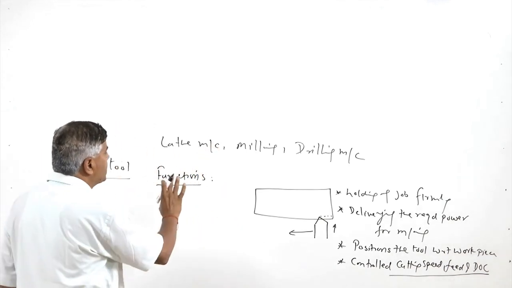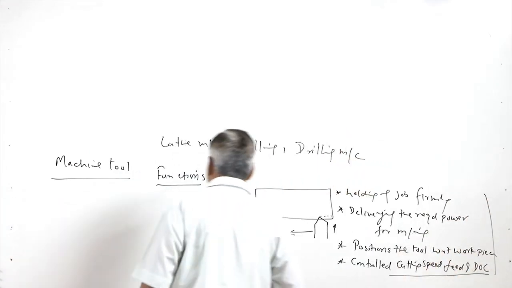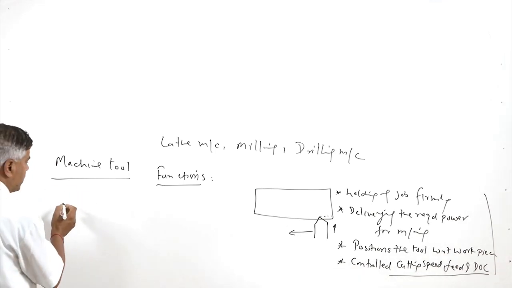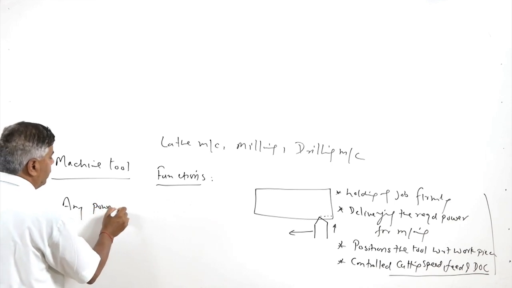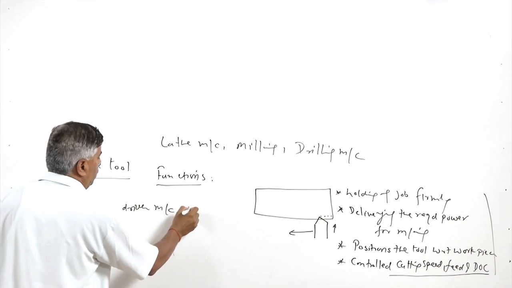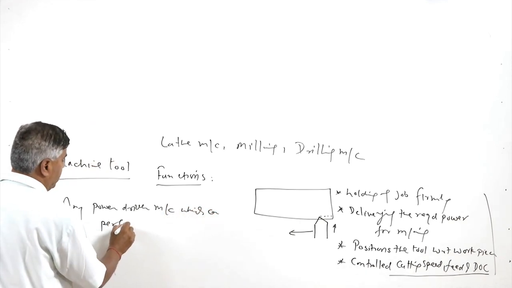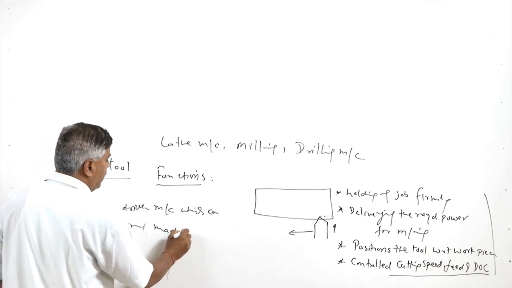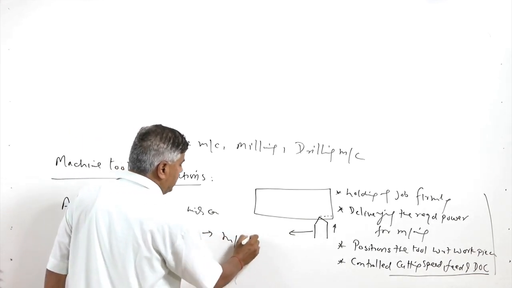Any machine which is able to perform these functions can be termed a machine tool, and in more generic terms, any power driven machine which can perform machining or metal cutting can be termed a machine tool.